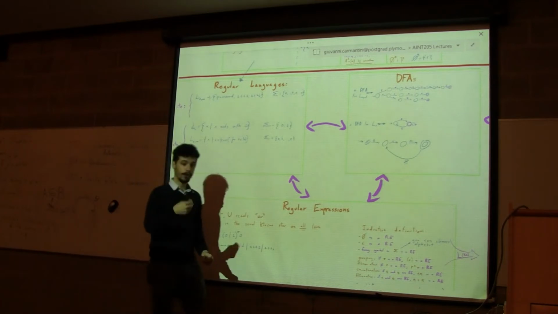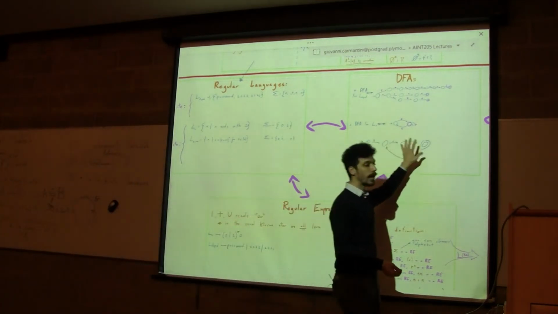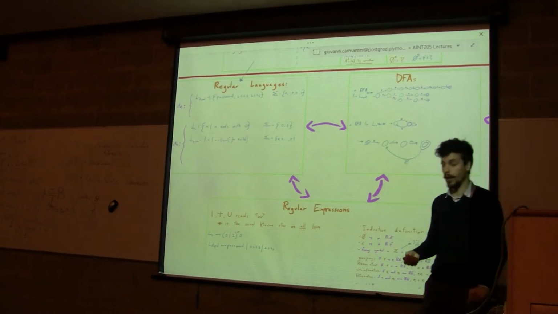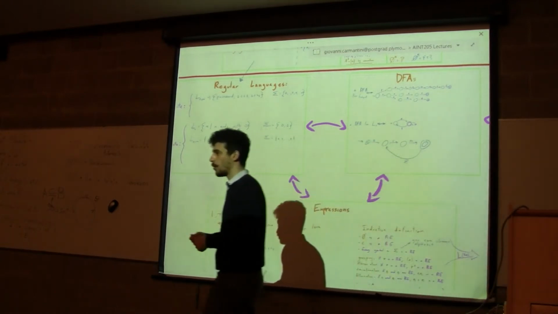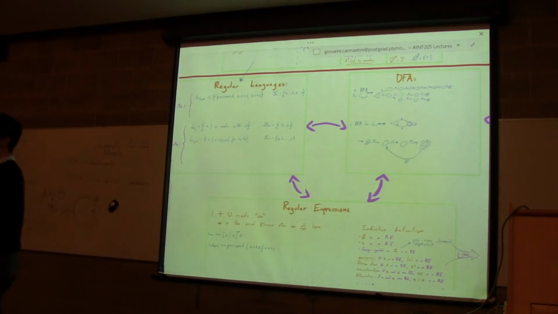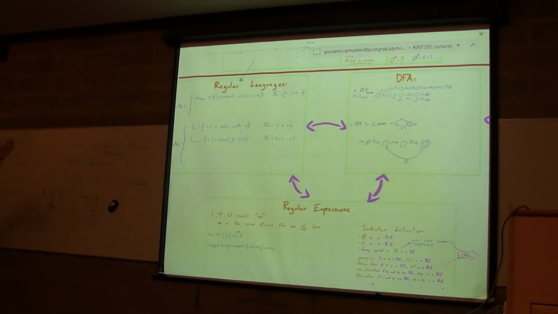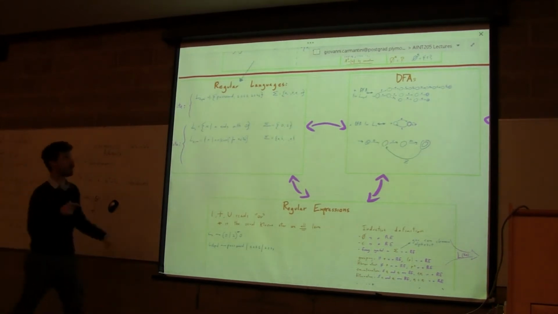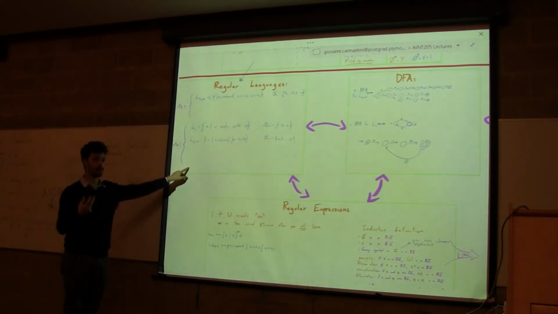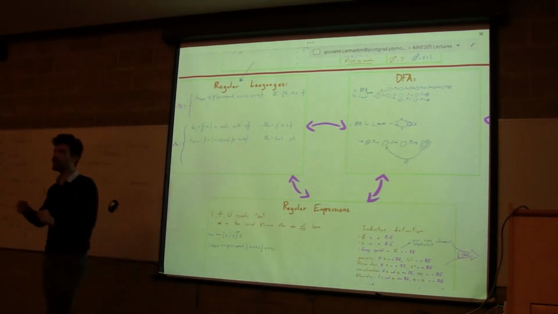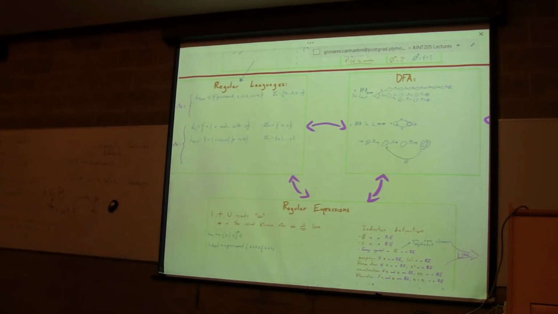Or, to define a regular language, you can build a deterministic finite state automaton. What does it mean? For every string you throw at it, it either accepts it or rejects it. So if you take all the strings which are accepted, that's a regular language. Now, why do I say that the regular language is the most primitive object? Because you can have many DFAs which recognize exactly the same language, okay?